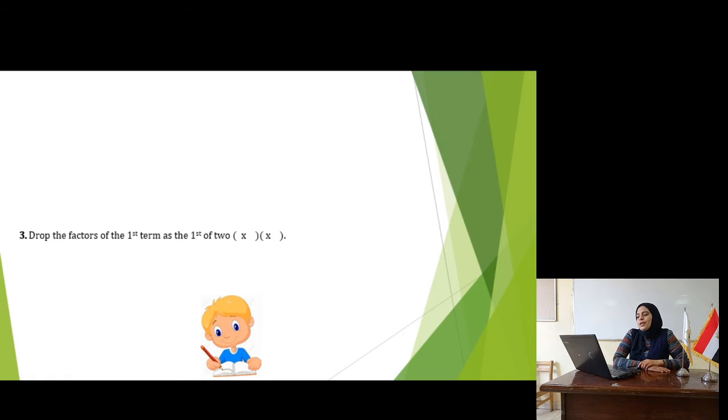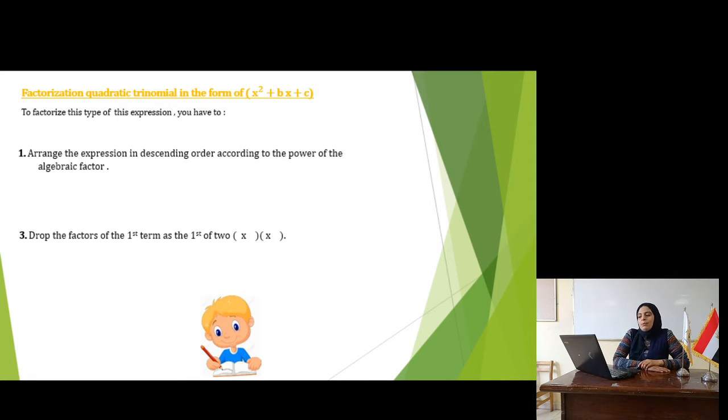Let's move to slide number 4. Factorization of a quadratic trinomial in the form of x power 2 plus bx plus c. To factorize this type of expression, we have steps. The first one, arrange the expression in descending order according to the power of the variable, which is x or a or b. Step number 2, take out the highest common factor if we have a common factor of the algebraic expression.